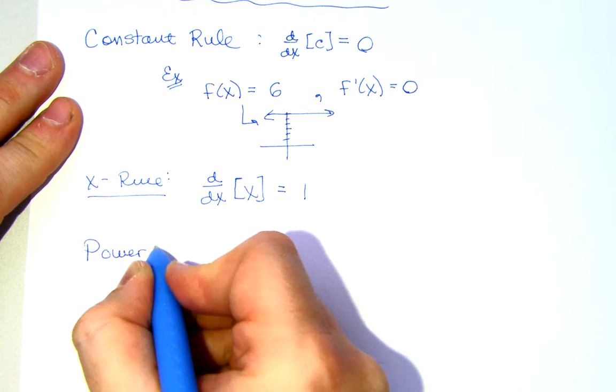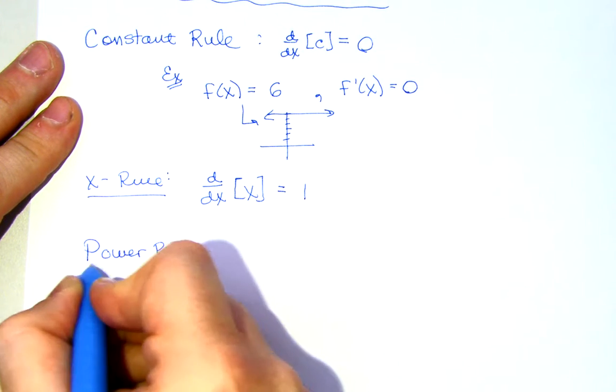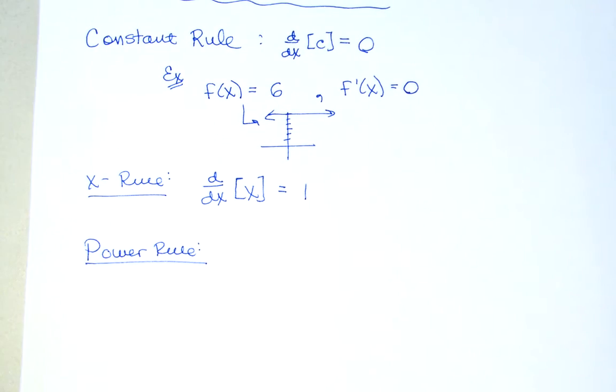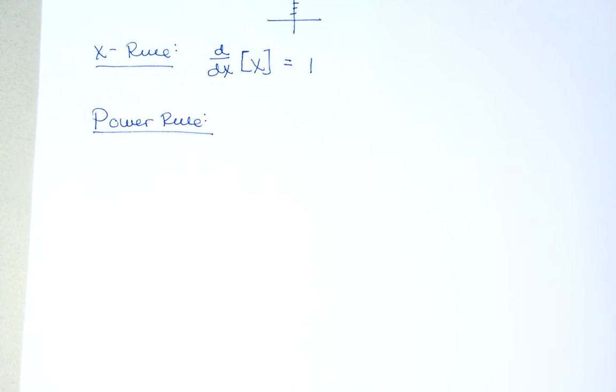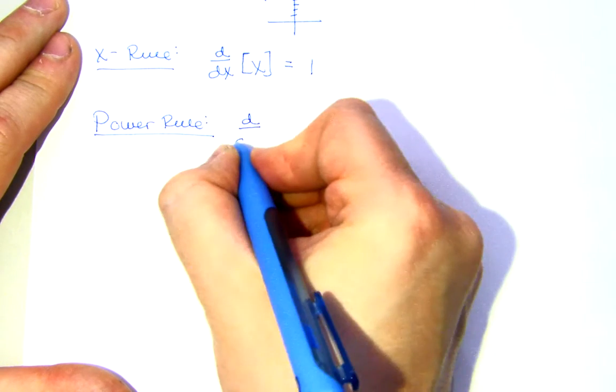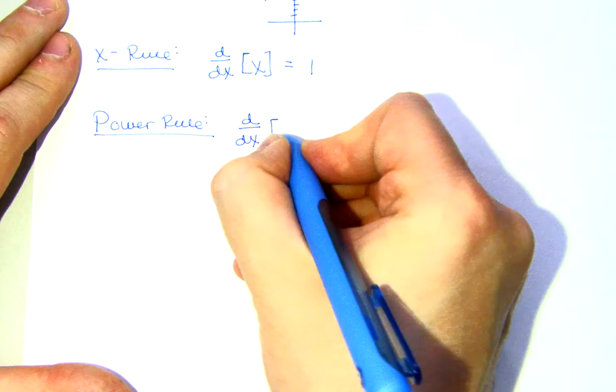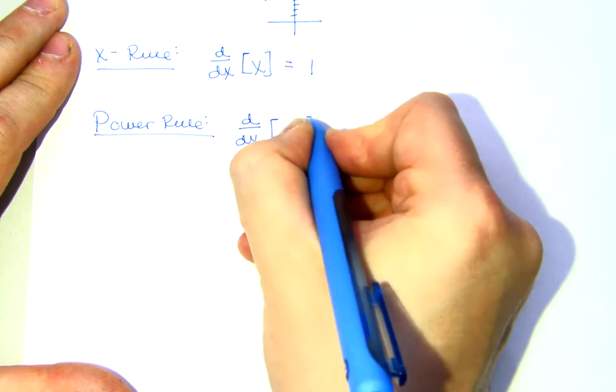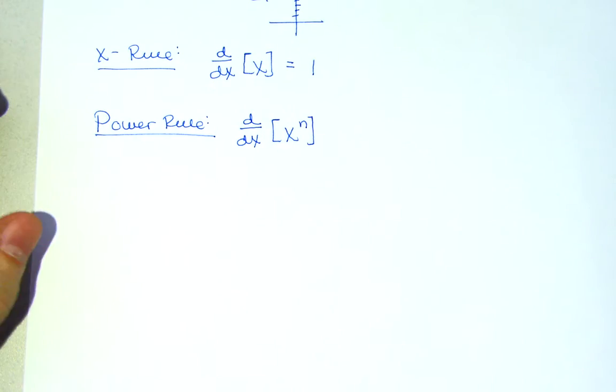The power rule. And I think I'm just going to give you the rule, show you some examples, and then we'll kind of see where it comes from. The power rule says, if I want to do the derivative of x raised to the n, x raised to some power, x squared, x cubed, x to the 10th, x to the 100th.